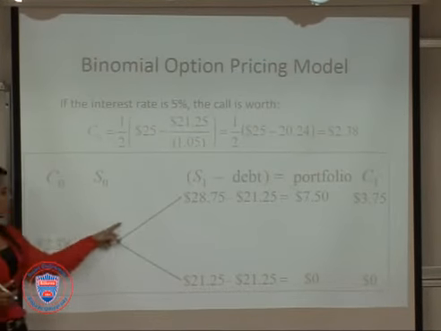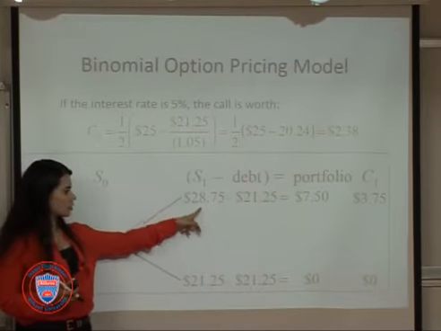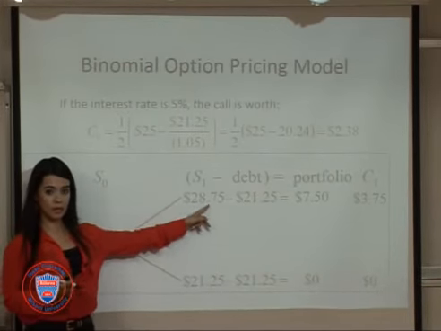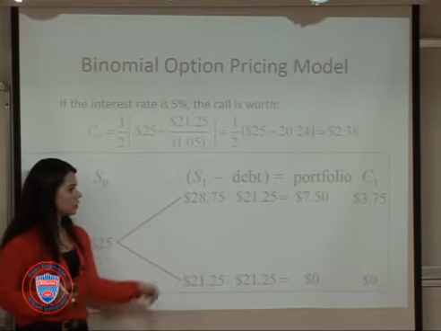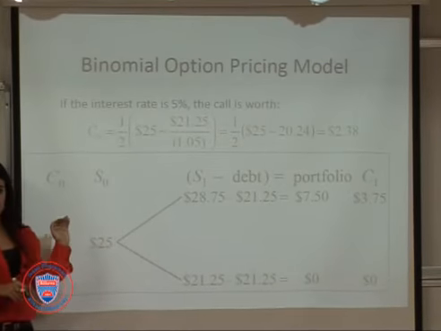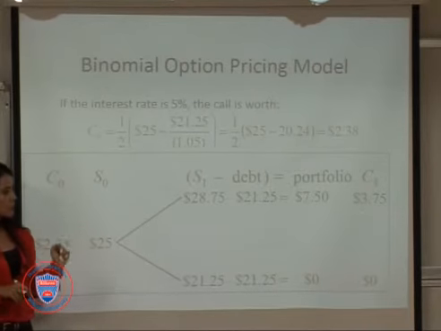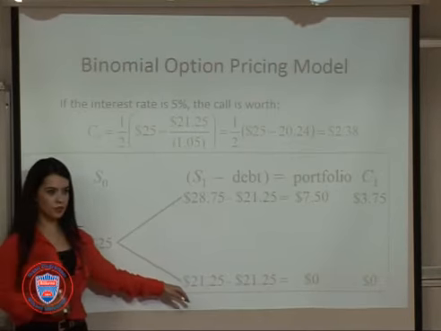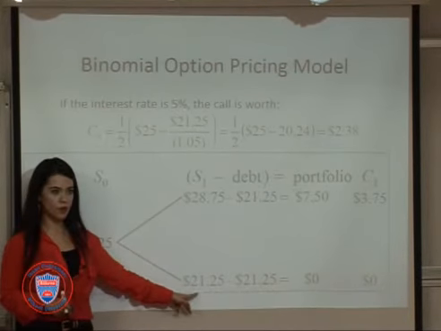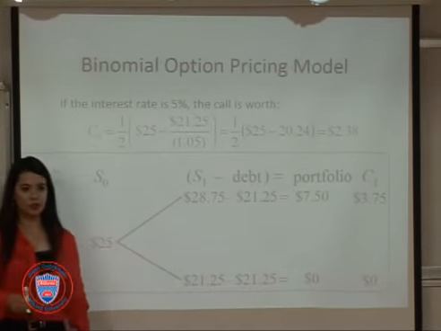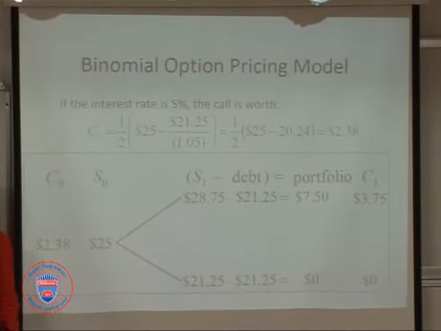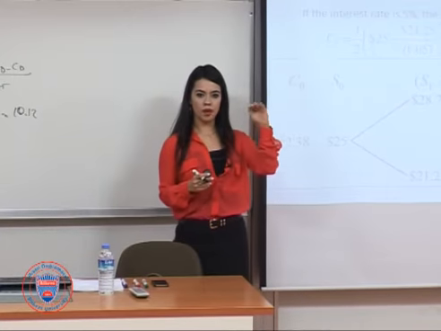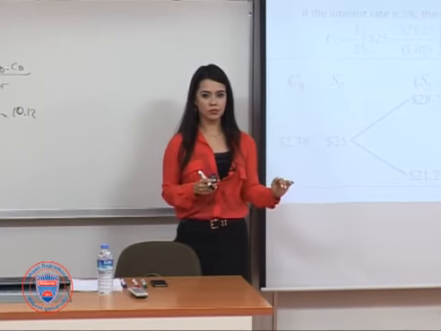So here in the up case, SU is 27.75, the stock price in the upper branch, and CU, the call payoff at the upper branch, is 3.75. Here in the down branch, SD is 21.25, CD is equal to 0. So it's basically stock price and call payoff at the upper branch and down branch.